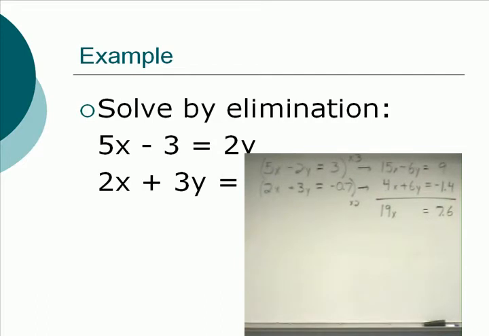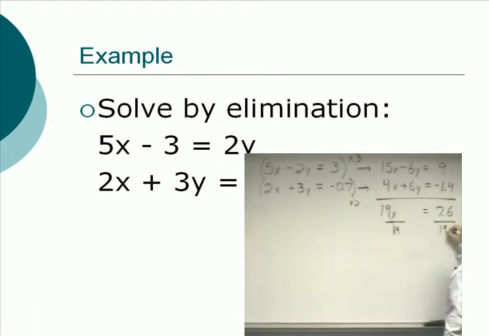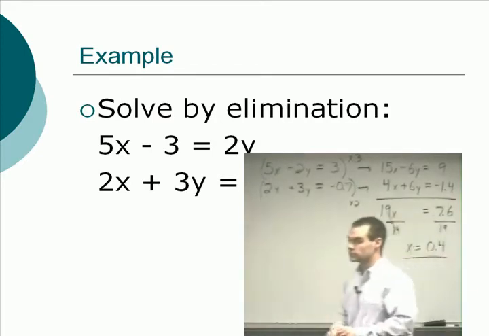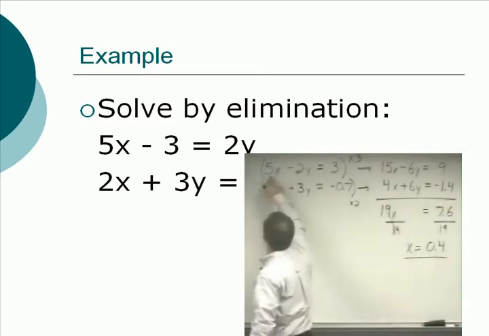Okay? Divide both sides by 19. And x turns out to be 0.4. Now we have to choose one equation somewhere, and as long as you haven't made any mistakes, which is kind of the idea, we can find y using any of those other equations. So let's go back and grab this one.